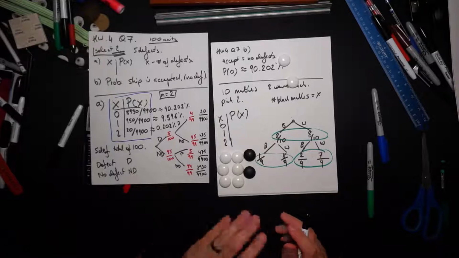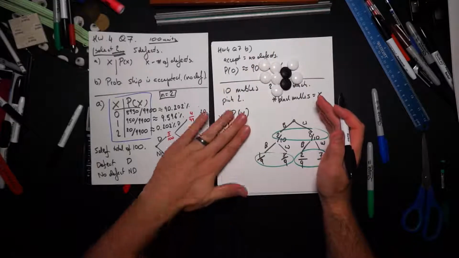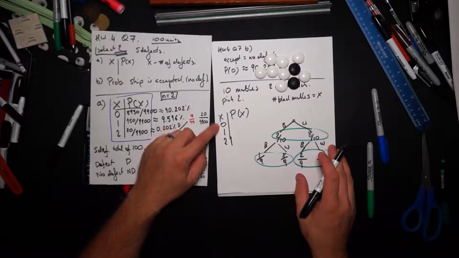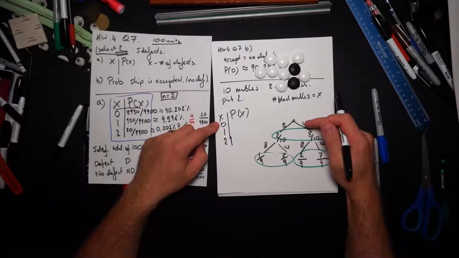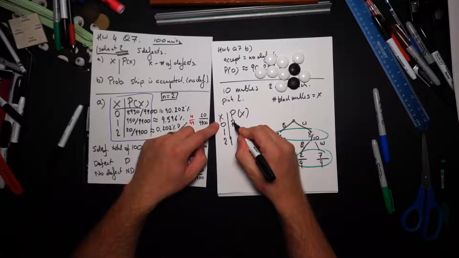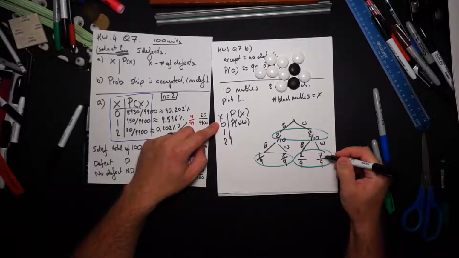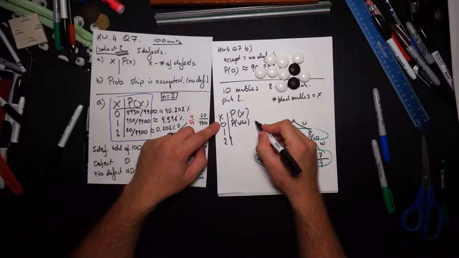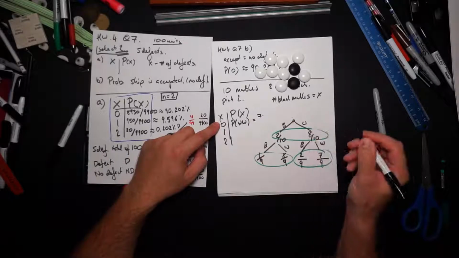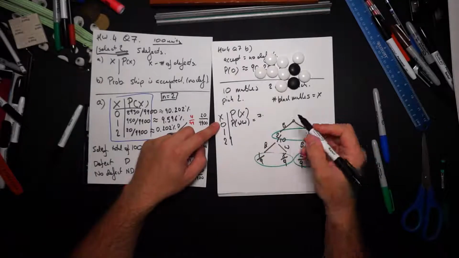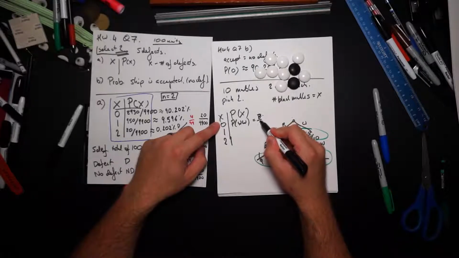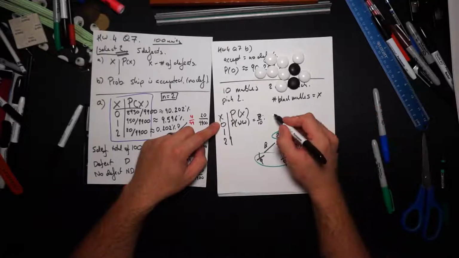And so now let's look at the probabilities. Probability of picking 0 black marbles is picking white white. So this is probability of white white, and in this case that's 8 over 10 times 7 over 9.